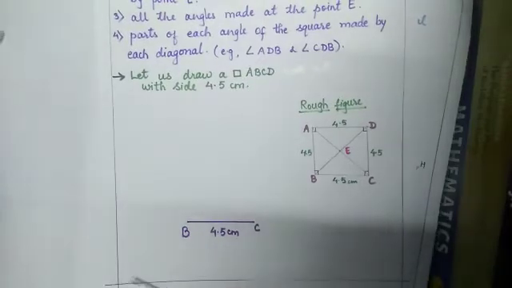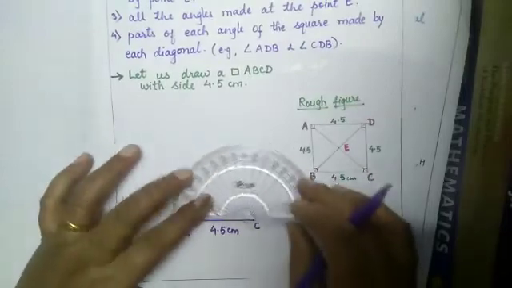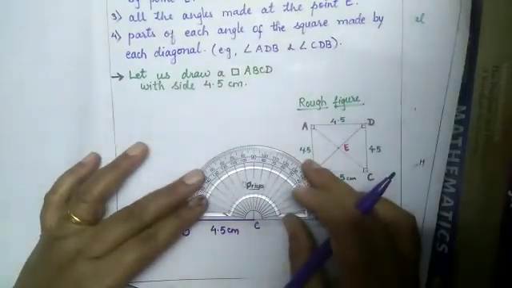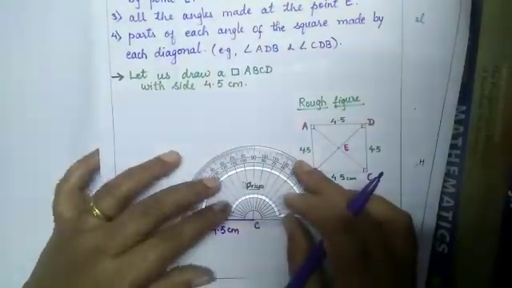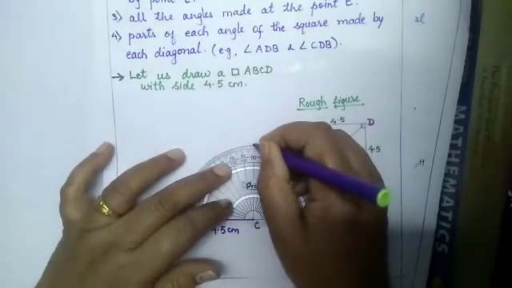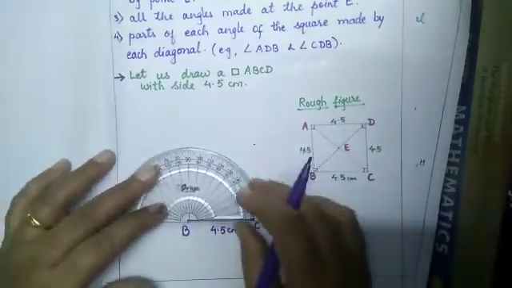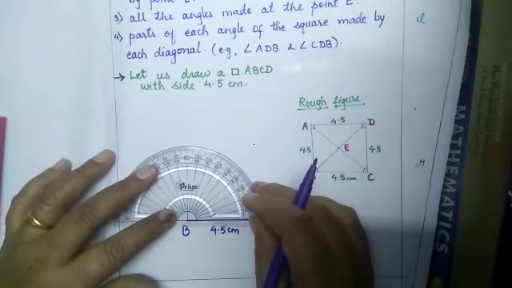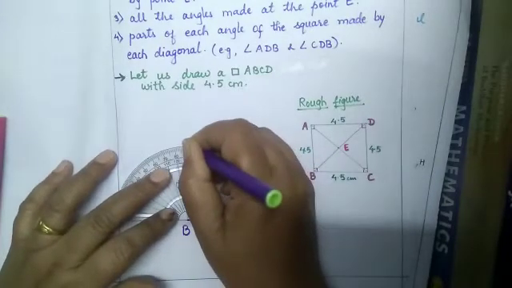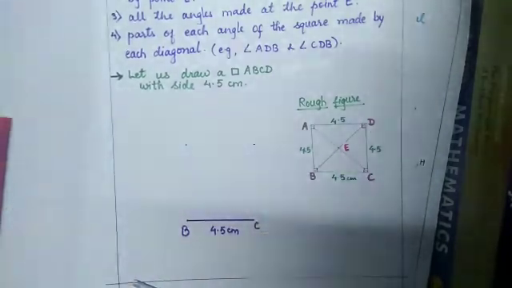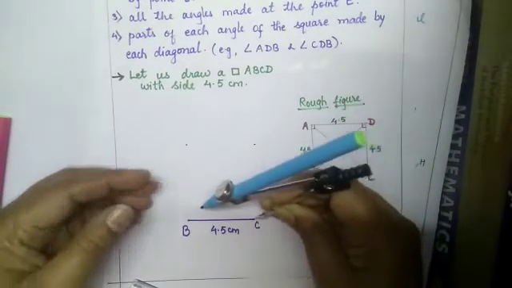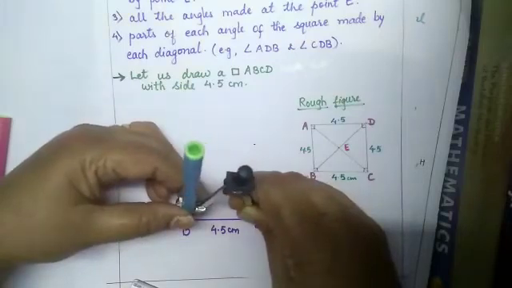Now take a protractor, as it is a 90 degree angle and all sides must be equal. So from C put a dot towards 90 degrees. From B also you have to put a dot towards 90 degrees. And now what do we have to take? We have to take the similar measure, as all sides of a square are equal. So let us take BC as 4.5 centimeter.